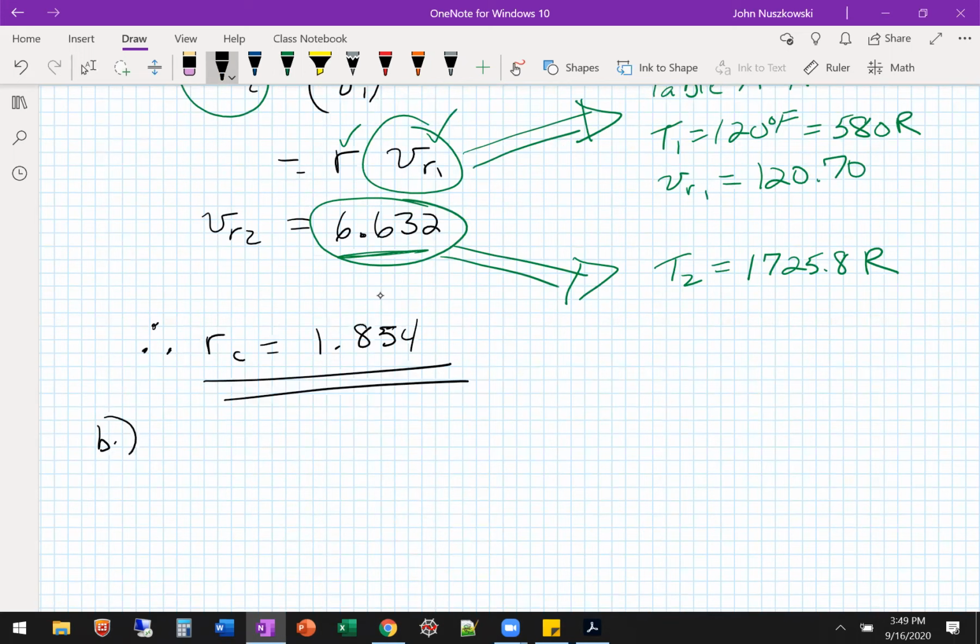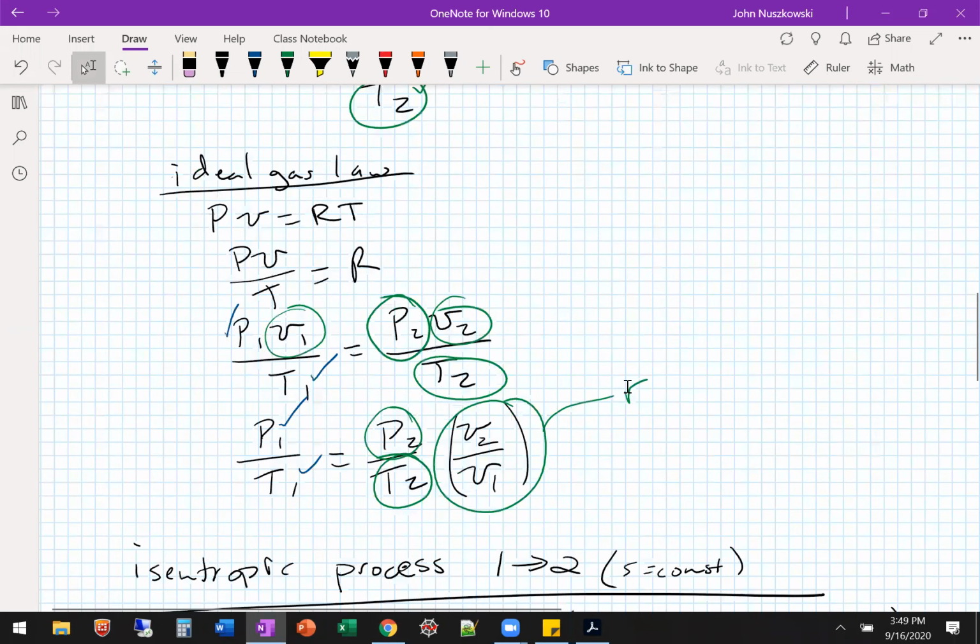Now we have part B, which is the heat rejection. Q out, or heat rejection per unit mass, so lowercase q out. We go back again to our diagrams.